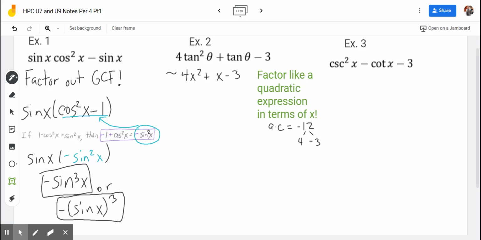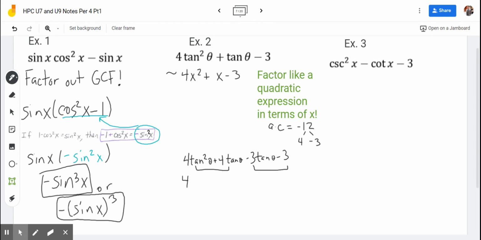So we're going to rewrite this as, actually, let me write this on the bottom so we have some more room. We'll have 4 tan squared theta plus 4 tan theta minus 3 tan theta minus 3. And then we're just going to factor by grouping.